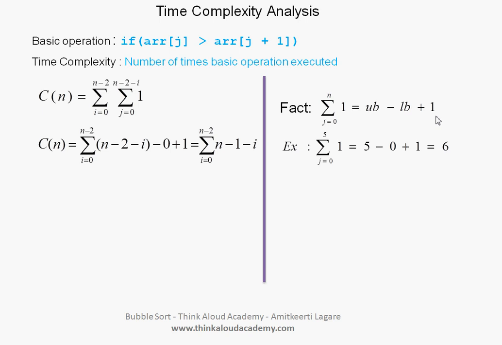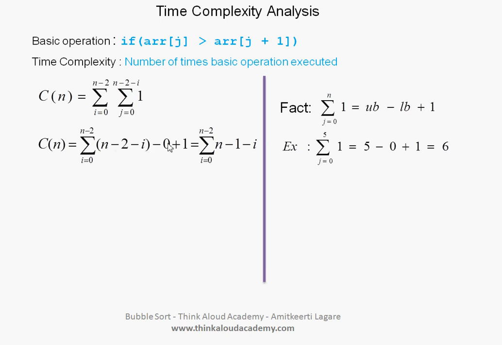If we apply this learning onto the inner summation, we will see that this inner summation is nothing but upper bound, which is n minus 2 minus i, which I have written here, minus the lower bound, which is 0, plus 1. So the inner summation has been written as n minus 2 minus i minus 0 plus 1, and the outer summation stays as it is.